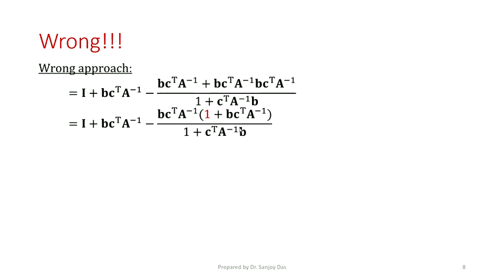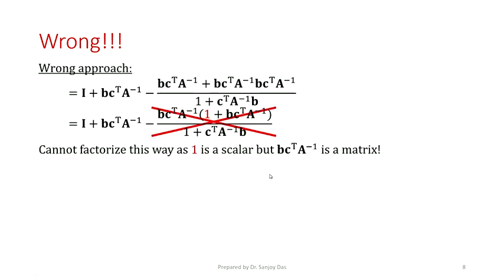See, again, the purpose is somehow to match the numerator and denominator or whatever. But 1 is a scalar, but BC transpose A inverse is a matrix. So you cannot add 1 to a matrix. There's a size mismatch. So this is wrong. 1 is a scalar, but BC transpose A inverse is a matrix.